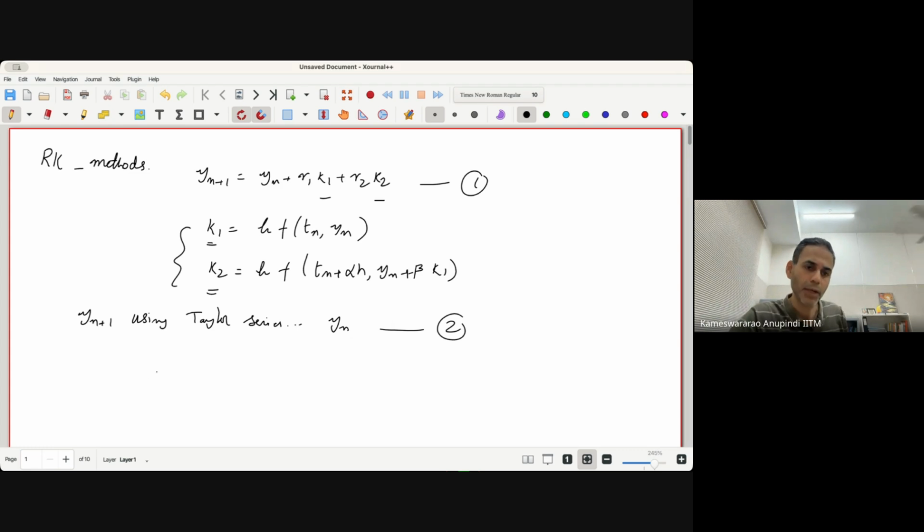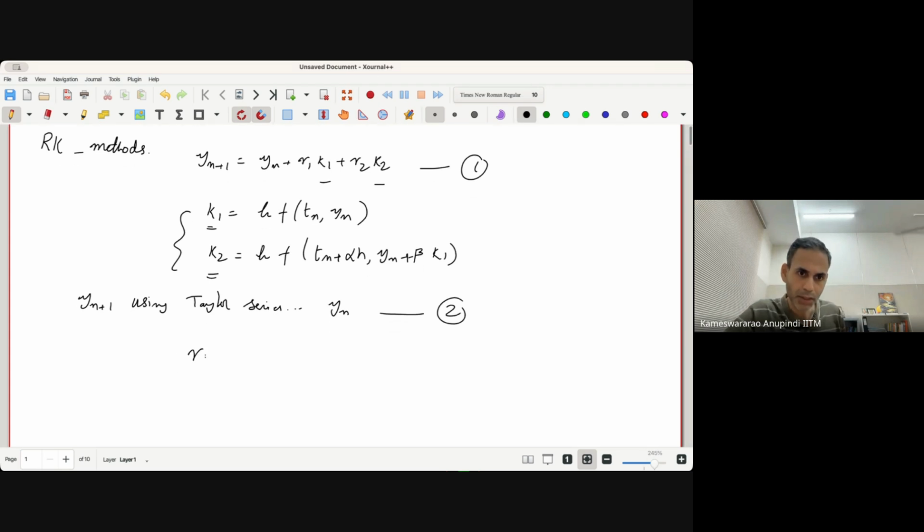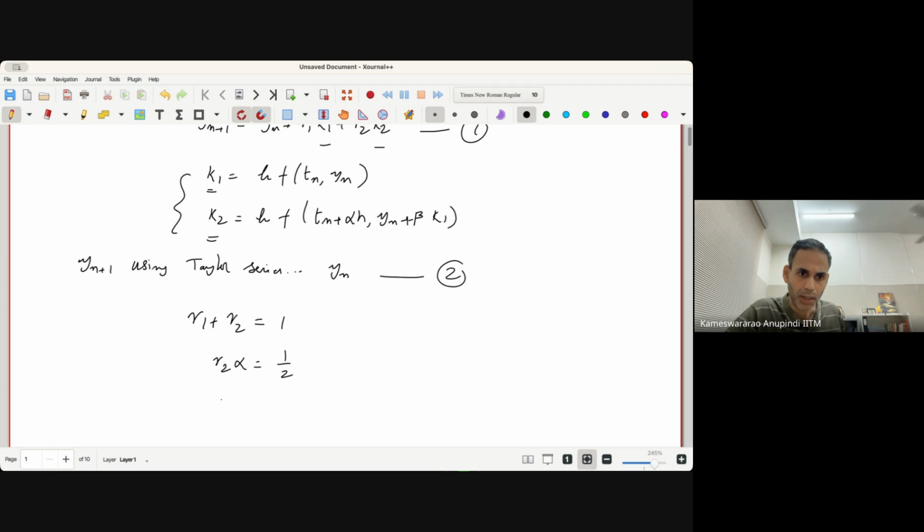And we got a few conditions: gamma 1 plus gamma 2 equals 1, gamma 2 times alpha equals 1 by 2, and gamma 2 times beta equals 1 by 2. I suppose this is what we obtained in the last class. Let me just verify that.